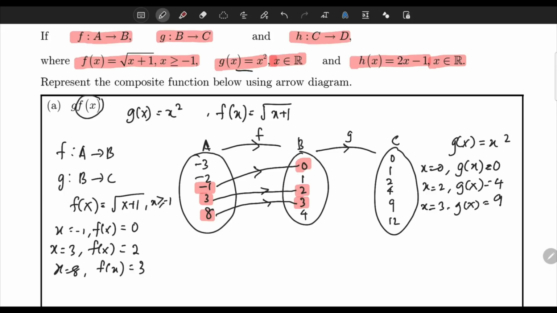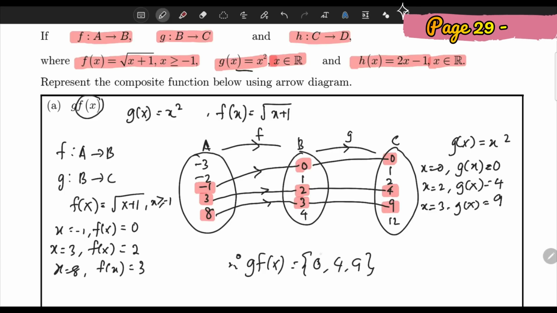So draw the arrows: 0 to 0, from 2 to 4, and from 3 to 9. Let's highlight it. That is our answer. Hence, gf(x) will be 0, 4, and 9.